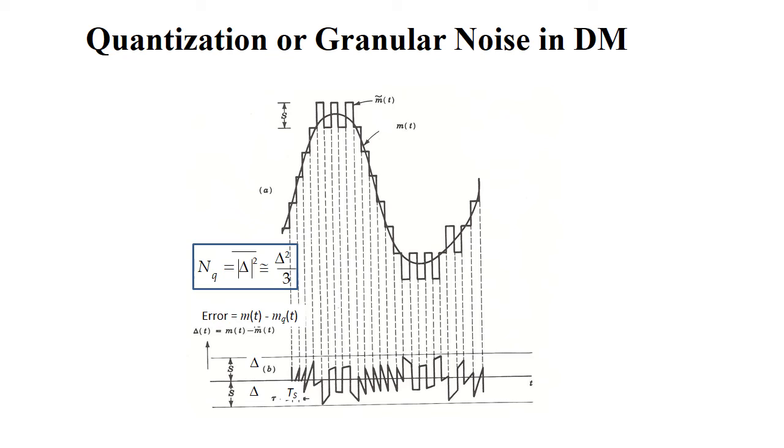So the input signal is almost flat, and the staircase signal u(t) keeps on oscillating by plus or minus delta around the signal. This error between the input and approximated signal is called granular noise. The solution to this problem is to make the step size small.